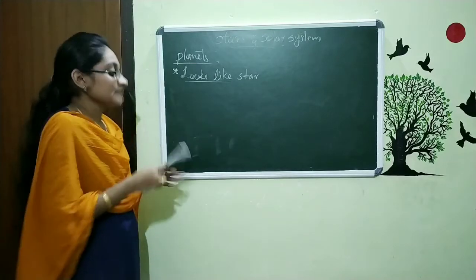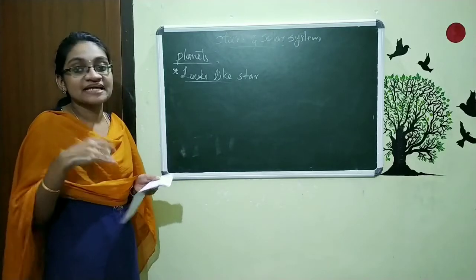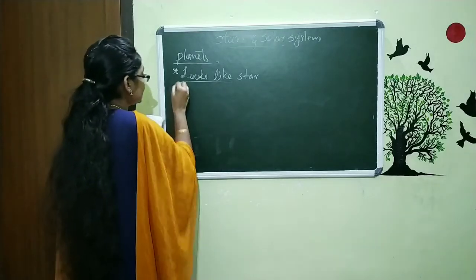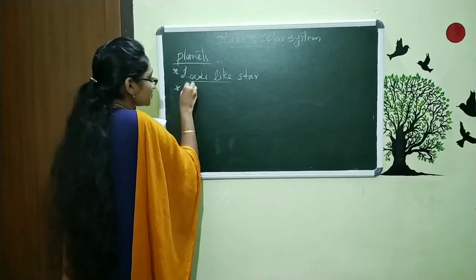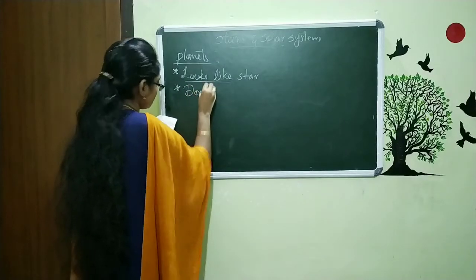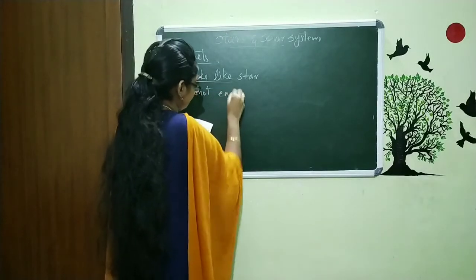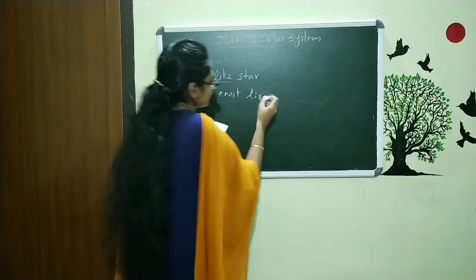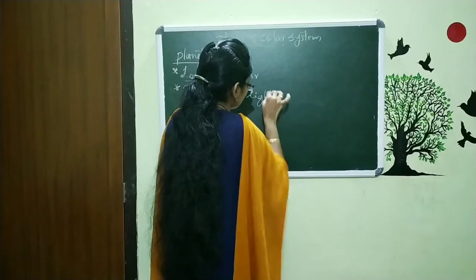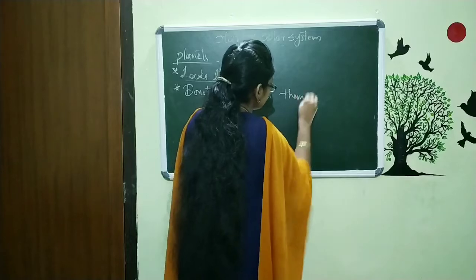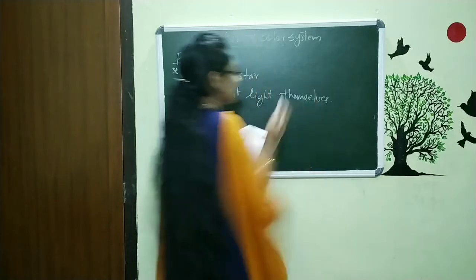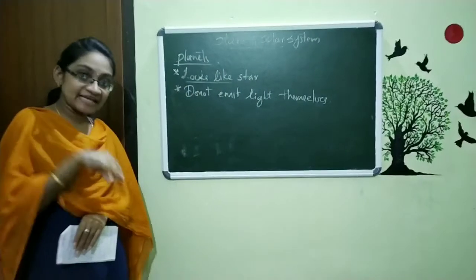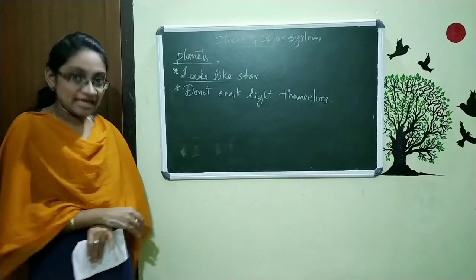But the thing is that planets never produce light themselves. That means they do not emit light themselves. Who? Planets.